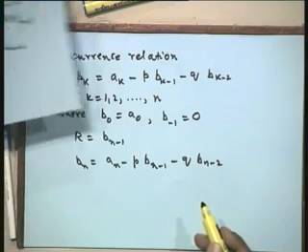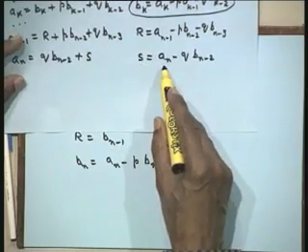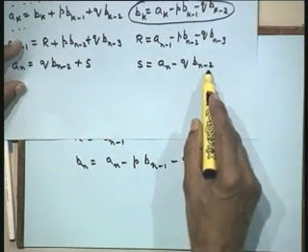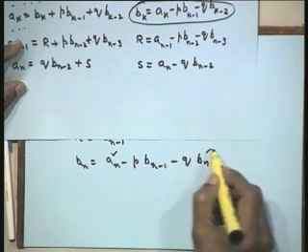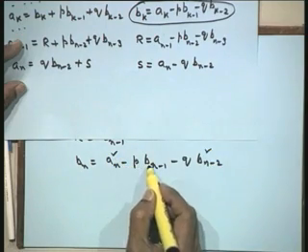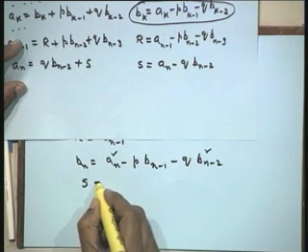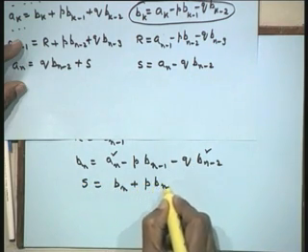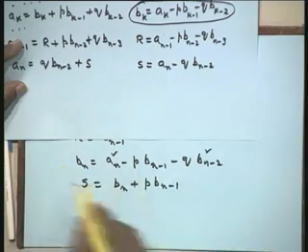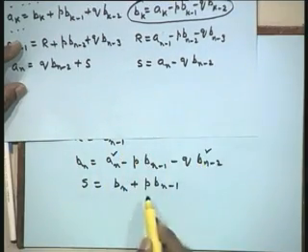If you look back at this particular coefficient, we have written s is equal to a n minus q b n minus 2. So, we have this a n and both these terms. Therefore, I will take this to the left hand side and define this as my s. So, I can define s as b n plus p b n minus 1, taking it to the left hand side, and define this quantity s as a n minus q b n minus 2.